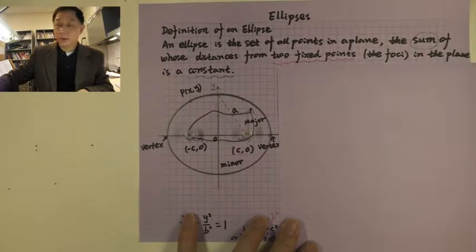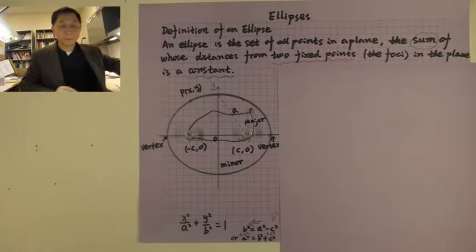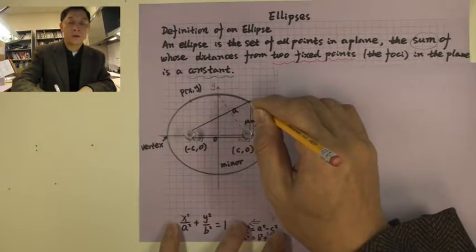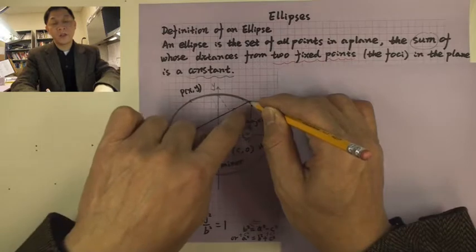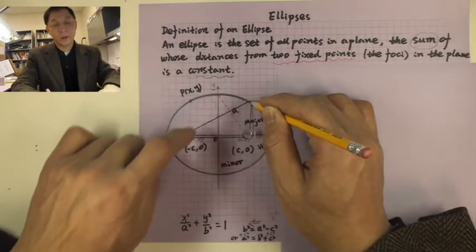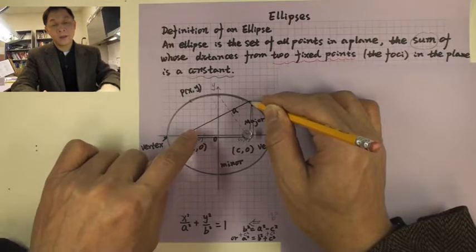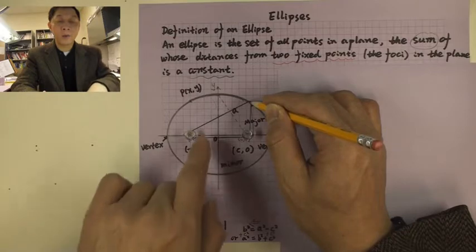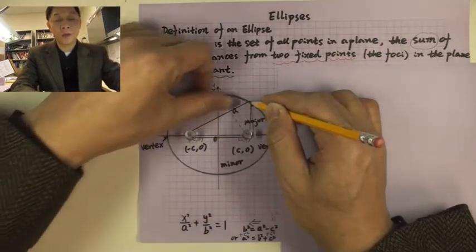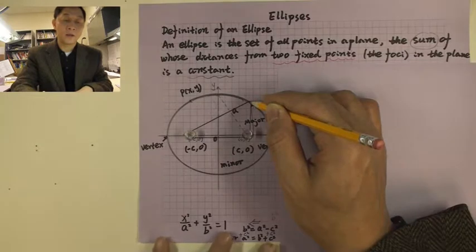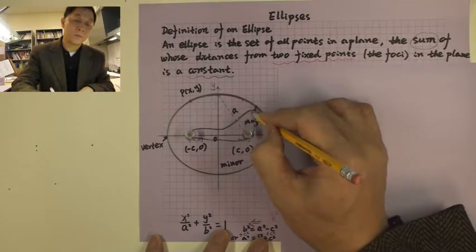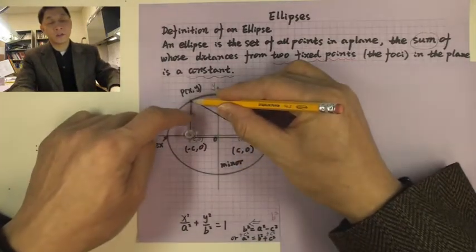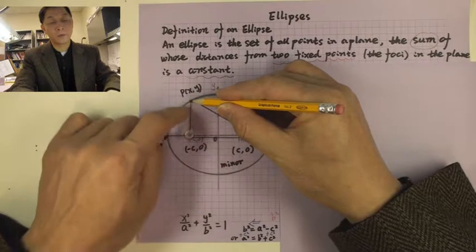Then if we do in this way, you see this point has a distance between this one and this one. And this point has a distance between here and here. The sum of the distance means you add this one and this one together equals the sum of the distance, those two.